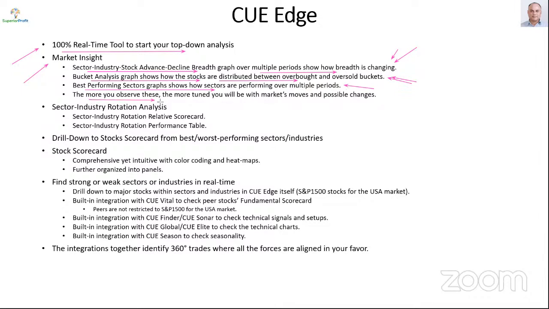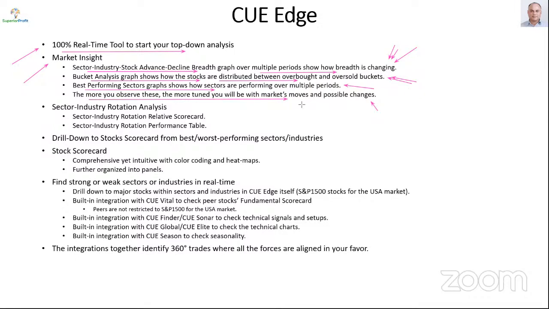And this is an important comment. The more you observe this day after day, the more tuned you will be with the market's moves and possible changes. You will often be able to anticipate the change that is coming, because you are not only looking at the market futures and market ETFs, but at sector, industry, stock, advanced decline breadth, across sectors and industries, plus the bucket analysis.